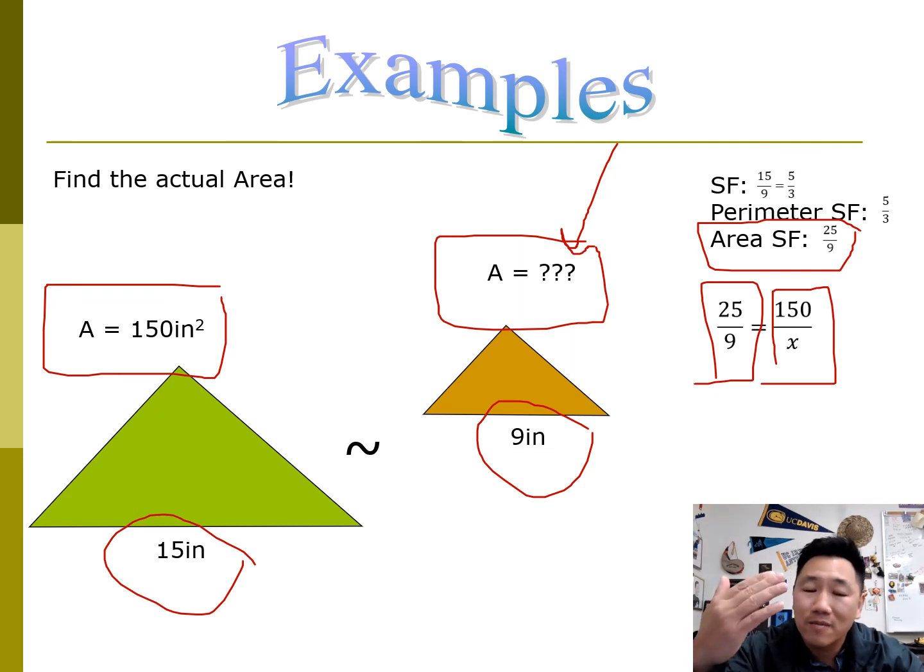If you're going to go from the green triangle to the brown triangle or orange triangle, then you have to be consistent throughout the whole problem. Otherwise, you'll mess up. I went from left to right, and so I'm going to continue to go from left to right throughout the whole problem. Cross multiply and solve. The area of the small one is 54 inches squared.